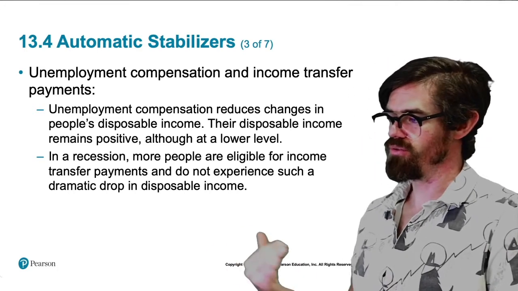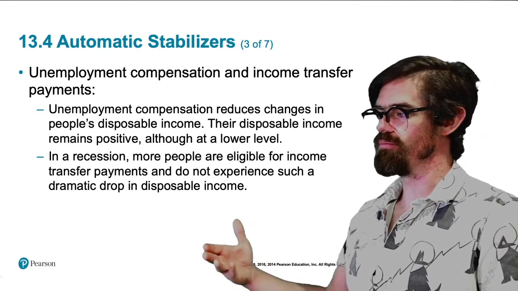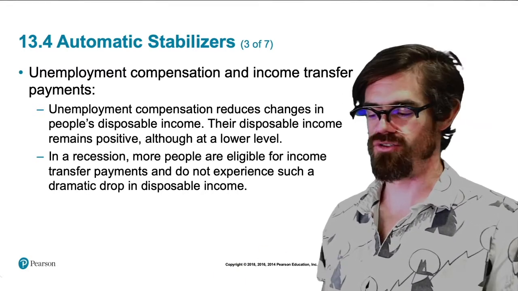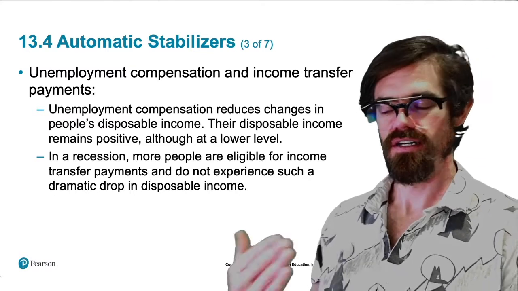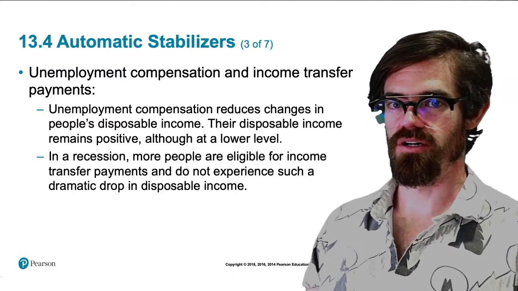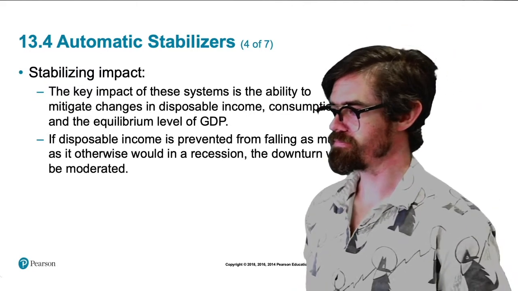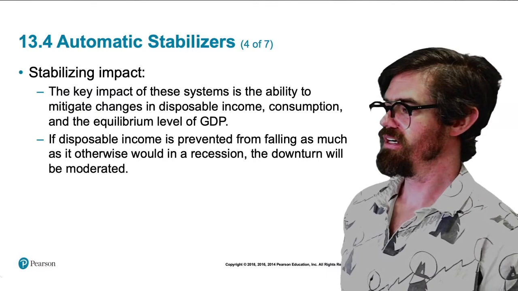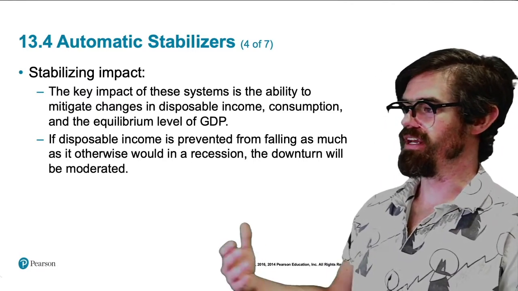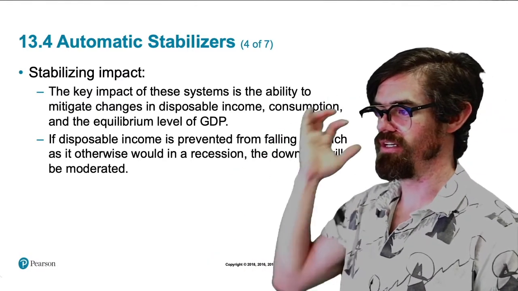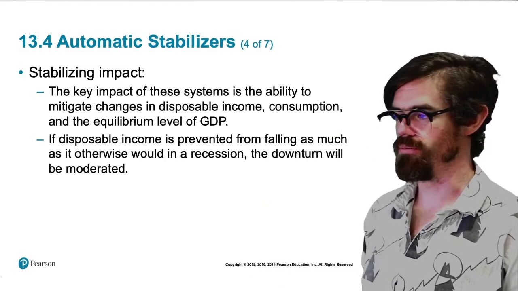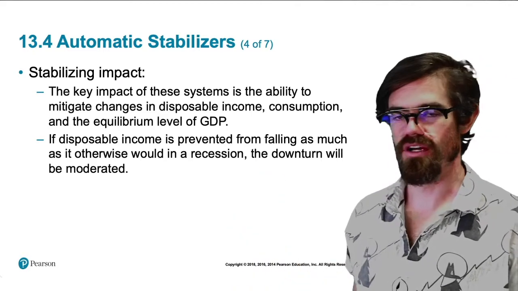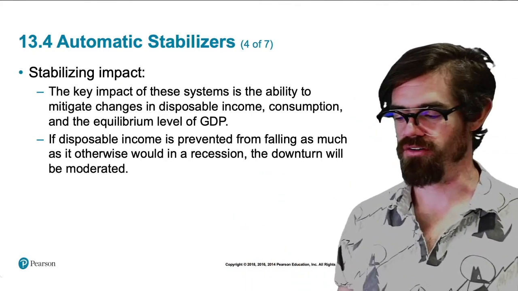And so in a recession, when people lose their jobs, more people become eligible for income transfer payments, and we do not experience such a dramatic drop in disposable income, and therefore aggregate demand doesn't drop as much as it would otherwise. Now, the stabilizing impact of these systems is that they mitigate changes in disposable income, consumption, and the equilibrium level of real GDP. If disposable income is prevented from falling as much as it would otherwise in a recession, the downturn will be moderated. It'll be less severe.